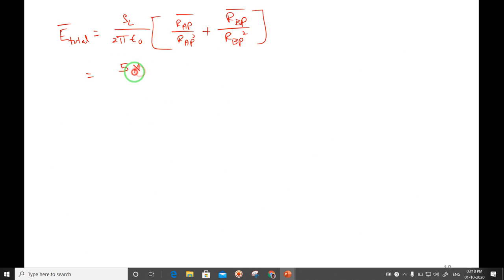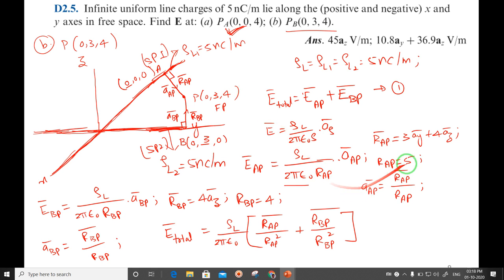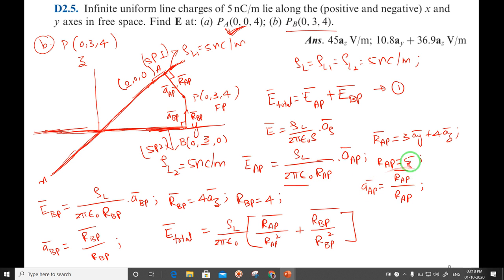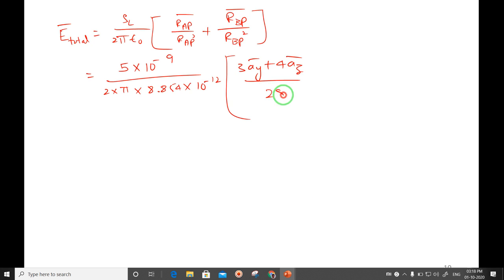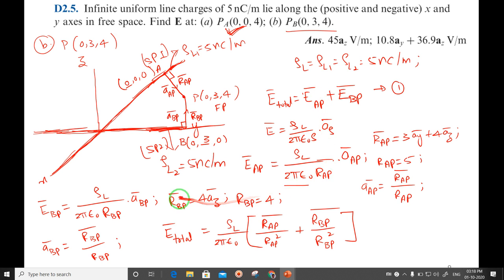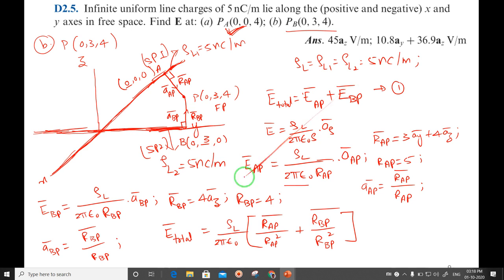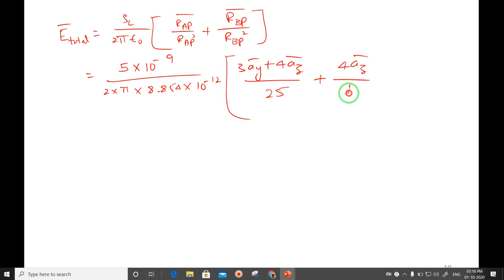So 5 nano, nano means 10 power minus 9. 2 into pi into epsilon naught, epsilon naught is 8.854 into 10 power minus 12. Then what is R_AP? R_AP is here 3 a_y plus 4 a_z, divided by R_AP square, 5 square is 25, plus R_BP, which is 4 a_z, divided by R_BP square, 4 square is 16.